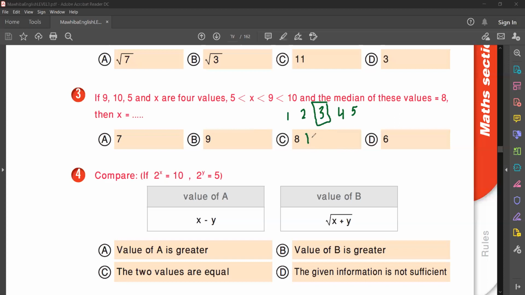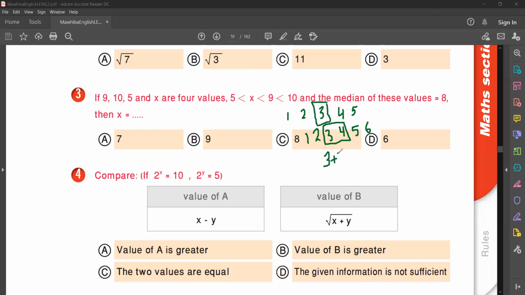But when you have 6 numbers or 4 numbers, how do I find the median? You take the 2 numbers in the middle, add them, then divide by 2.